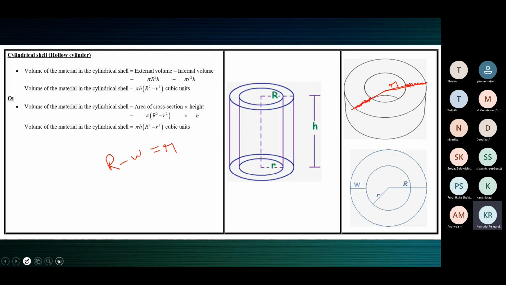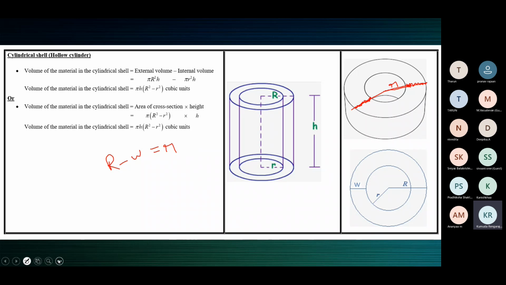So there are three things there: inner radius, thickness, outer radius, and the height of the sellotape. The wall has some thickness, so W is present. Since the wall of the sellotape or the cylinder is thick, there is capital R also, and there is only one height. The cylinder will have only one height.